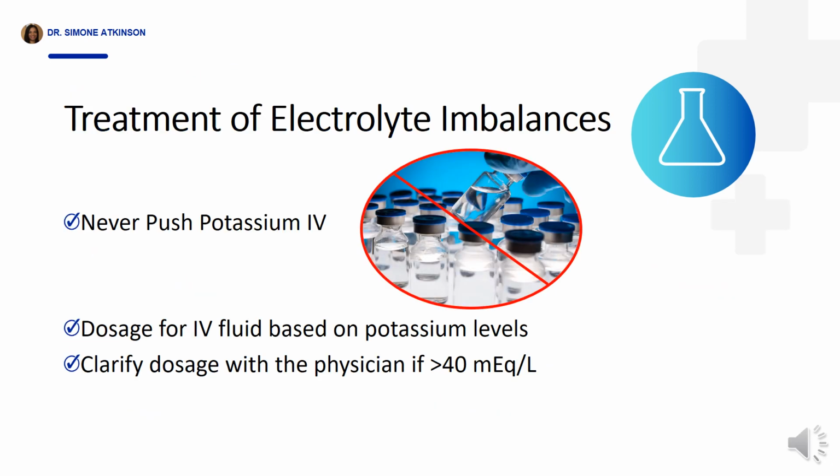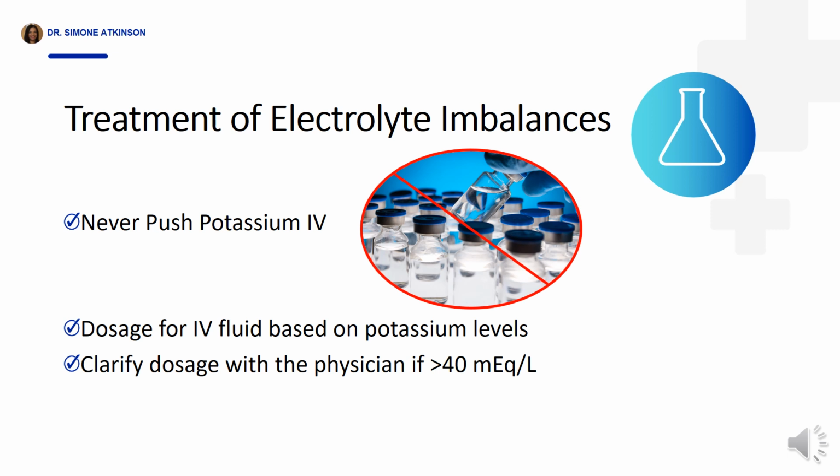I don't want to move on without reviewing a few fundamental rules. A fundamental rule to remember is never push potassium IV. Instead, adhere to the IV fluid administrations that are tailored to potassium levels to ensure a safe and effective treatment approach. When determining the dosage of IV fluids of potassium, be very cautious.